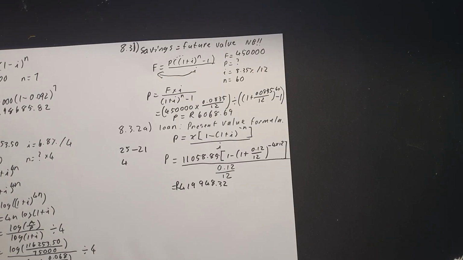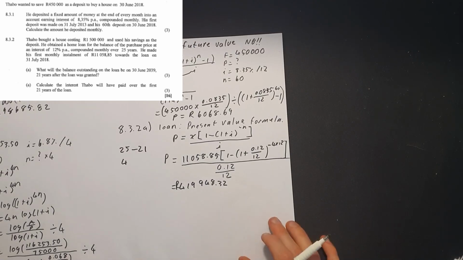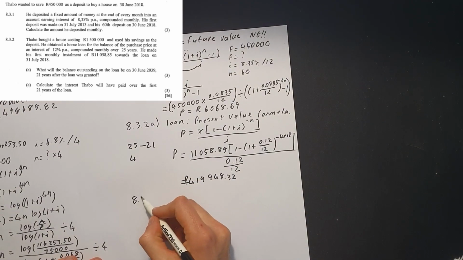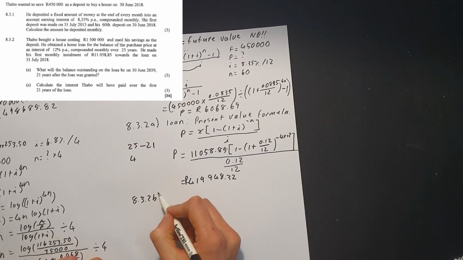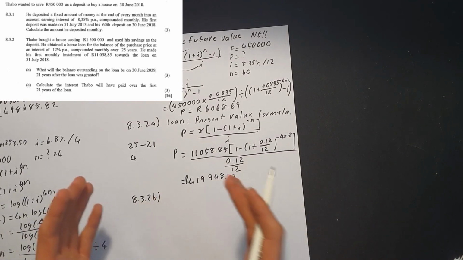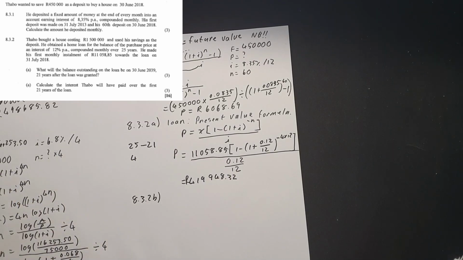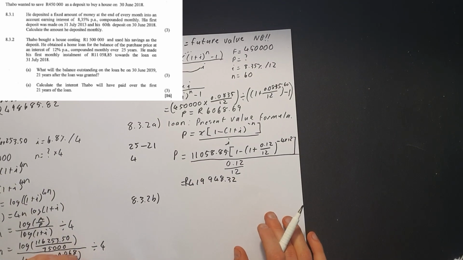So we're looking at the interest over the first 21 years. This is 8.3.2b. The first thing we have to do is look at the total amount that he's paid, how much he put down as a deposit, and then the amount over 21 years that he's paid as interest.